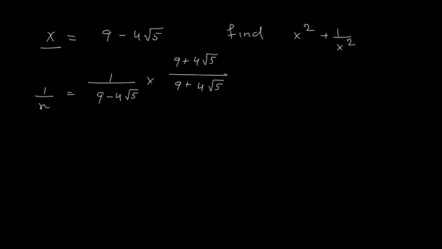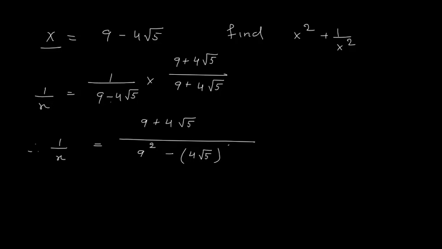So therefore this 1 upon x will become 9 plus 4 root 5 divided by a minus b into a plus b, which is a square minus b square.